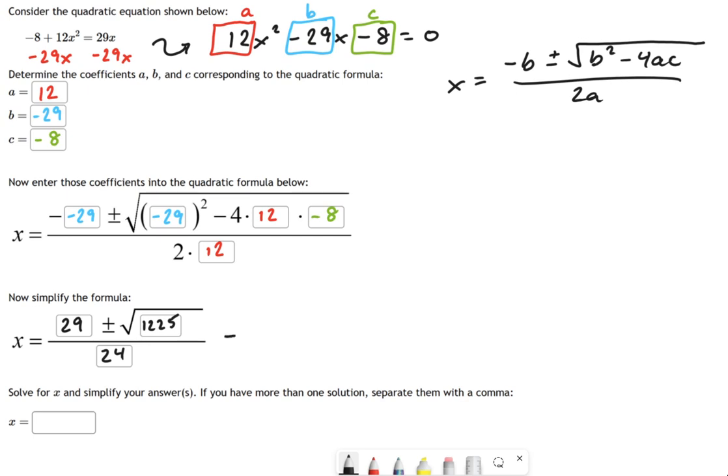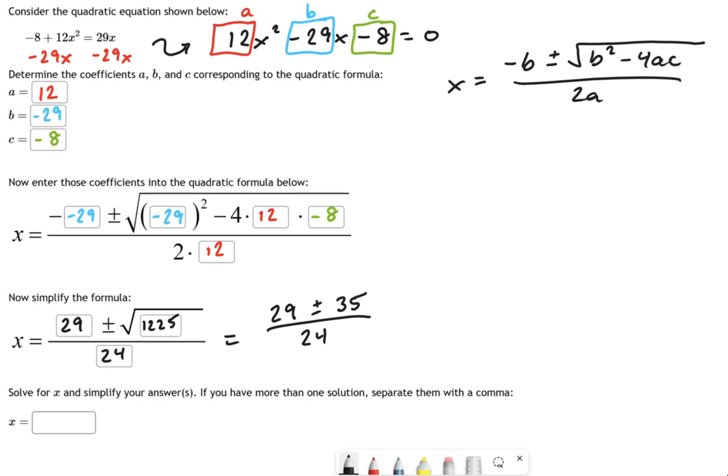And I'm going to need to work on the square root portion of this first. So go ahead and plug into your calculator, what is the square root of 1225? Now, if you have a lucky problem, this will work out just fine, and mine did. This is 35. Okay, 35 squared makes 1225. So I get 29 plus or minus 35 all over 24.